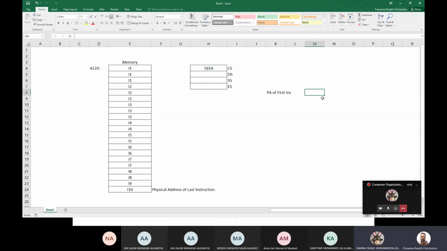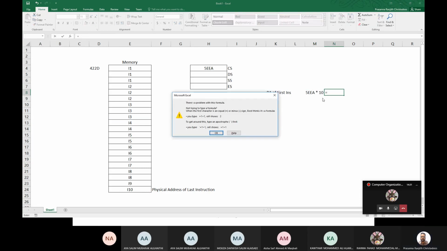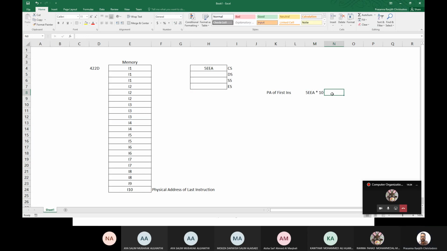So 5EEA multiplied by 10 is equal to 5EEA0. You understand? To this address you are going to add your offset address 422D.